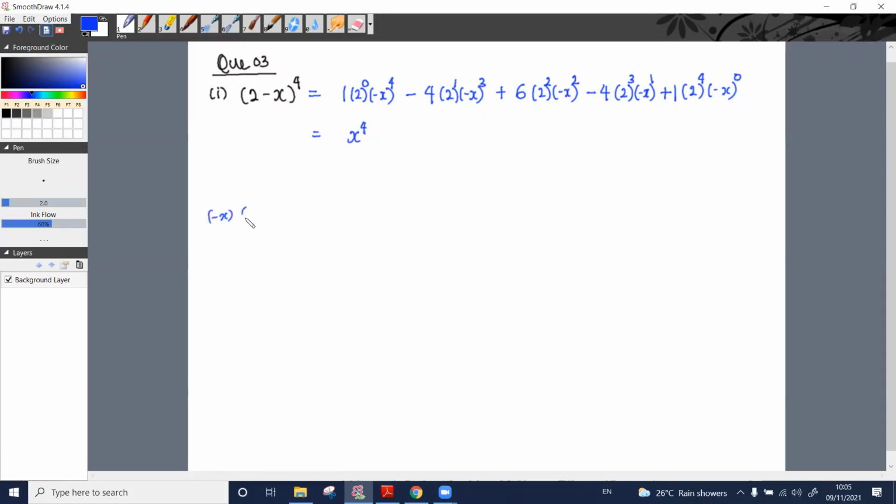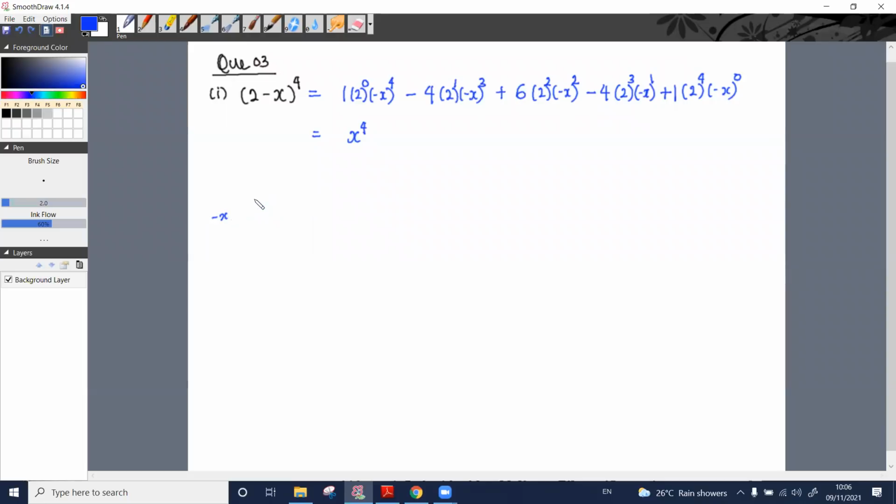Minus x into minus x becomes plus x squared. Plus x squared into minus x becomes minus x to the power 3. Minus x to the power 3 into minus x again becomes plus x to the power 4.